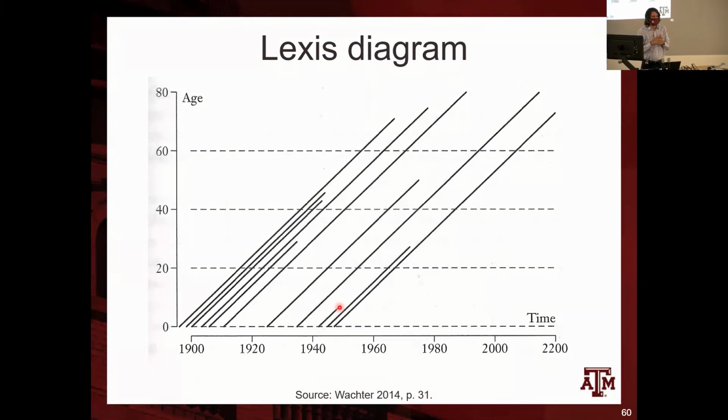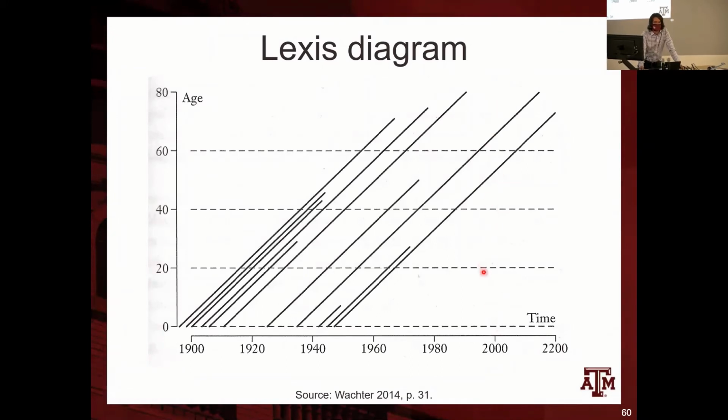What's the size of the population in 2000? In this case, we're going to draw a vertical line from 2000, and we're going to have two lifelines crossing it. So the population in this specific area in 2000 has only 2 people.